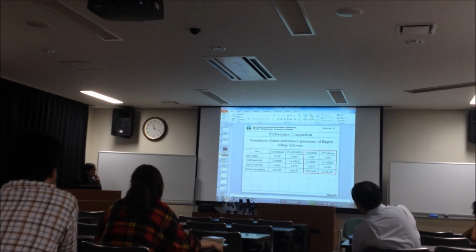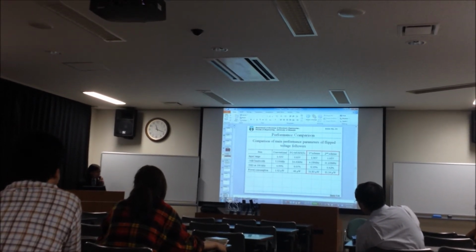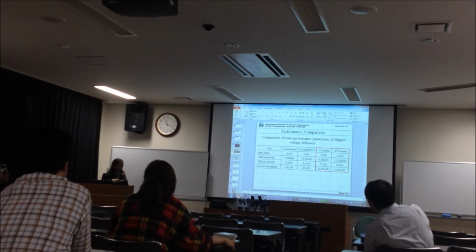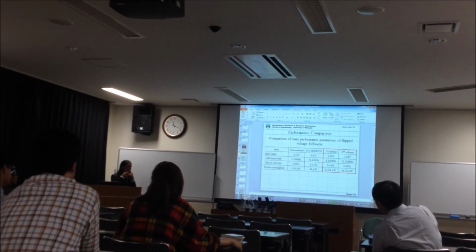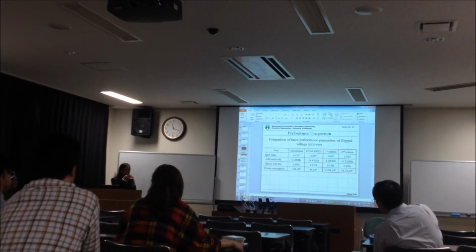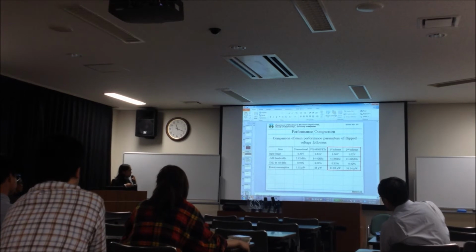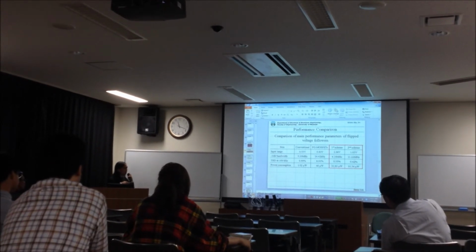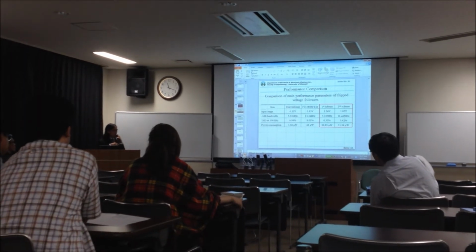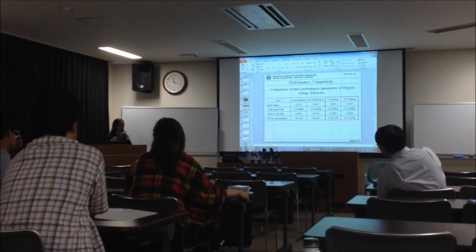Actually, the main problem of the conventional circuit is the narrow input range and the offset voltage, and it restricts applications. So if we just use the conventional one, we cannot use this conventional voltage follower in many applications.